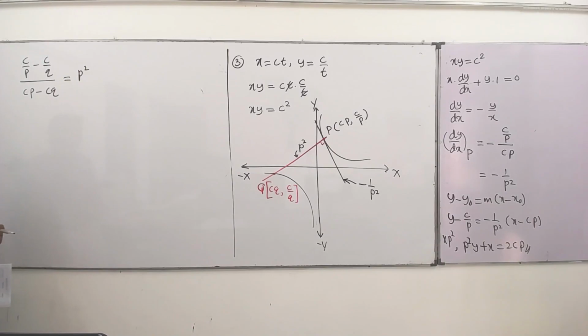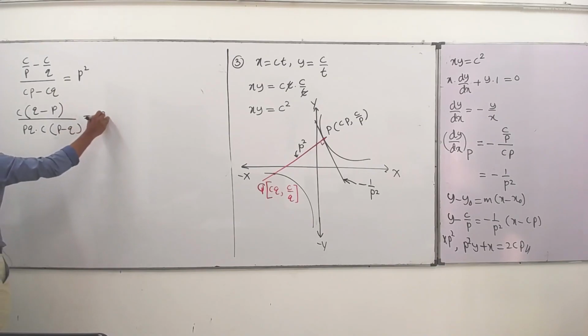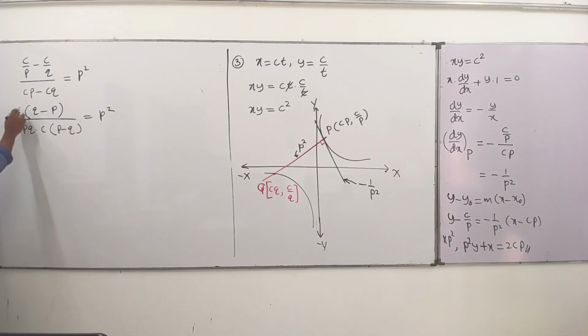This way. Now you can write here, take this c out, q comes here, p comes here, q minus p, and here the pq product. Take the c out from the denominator. This is p minus q. This is equal to p squared. c and c you can cancel down. This q minus p and p minus q we can cancel down.